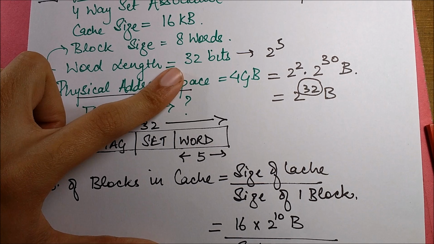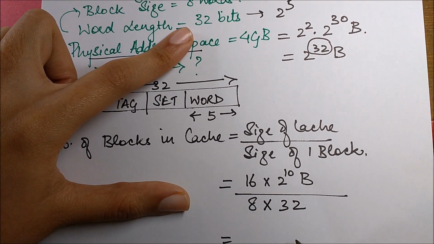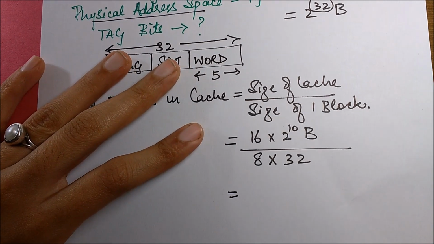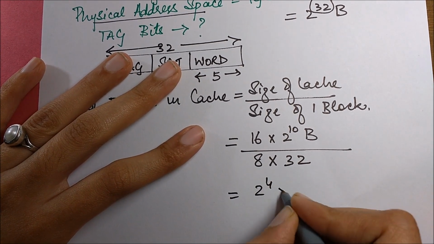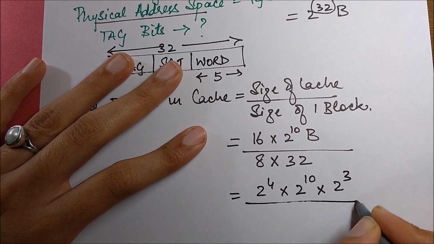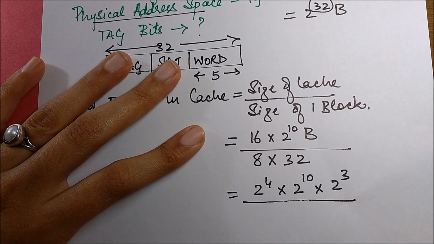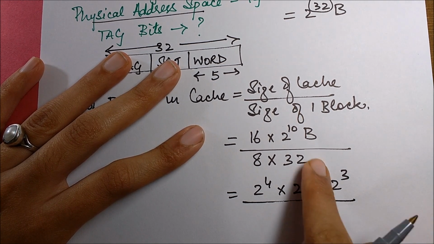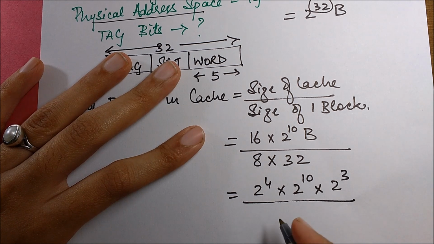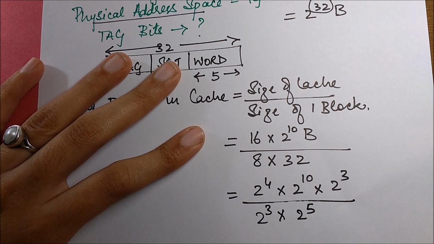So 8 into 32. Now if I convert the entire thing into powers of 2, what will I get? I'll be writing down 2 to power 4 into 2 to power 10 into 2 to power 3 for converting these bytes into bits. And we know that 1 byte is equal to 8 bits. So 2 to power 3 over here. Then 2 to power 3 for this, 2 to power 5 for this.